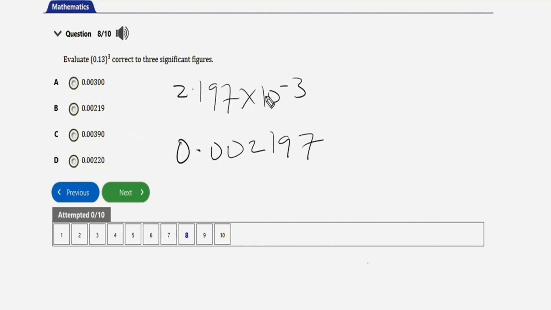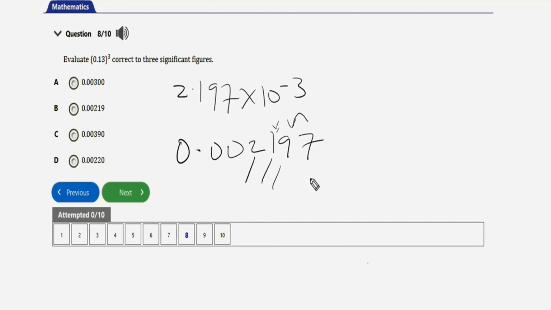To 3 significant figures, it starts from the first non-zero number. So this is the first significant figure, the second one, this is the third one. The digit following is 9, which is up to 5, so you round up. But this 9 will not change to 10, there's no way you can put 10 here. So you carry the 1 over, and this place will not be 2.